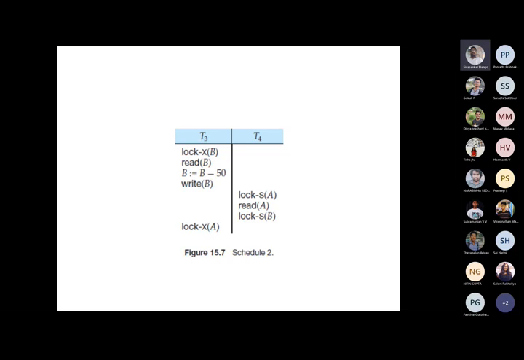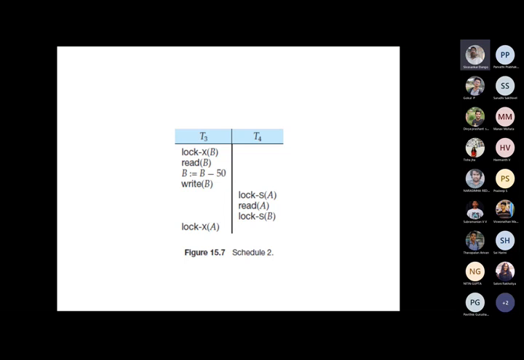So transaction T3 holds an exclusive mode lock on the data item capital B, and transaction T4 requests a shared mode lock on the same data item capital B, and both transactions cannot proceed, since transaction T4 will not be given a shared mode lock on the data item capital B, because some other transaction is already holding an exclusive mode lock on the data item capital B. And similarly, transaction T3 wants an exclusive mode lock on a data item capital A, and transaction T4 holds a shared mode lock on a data item capital A, right?